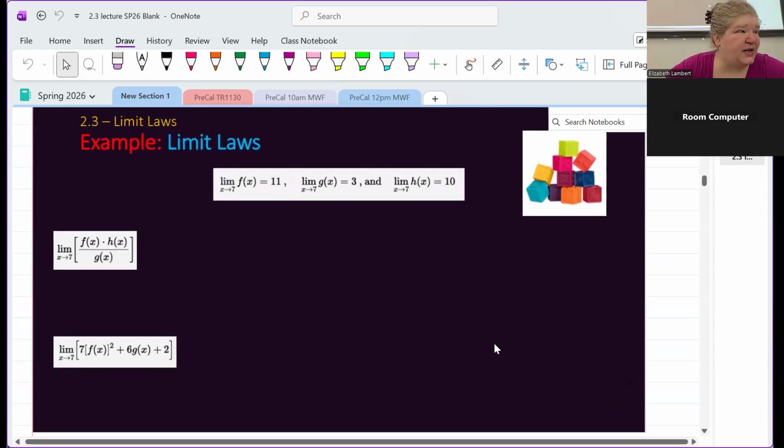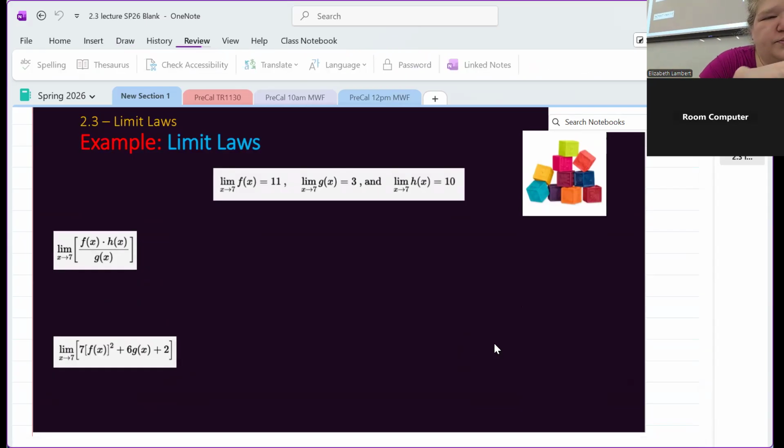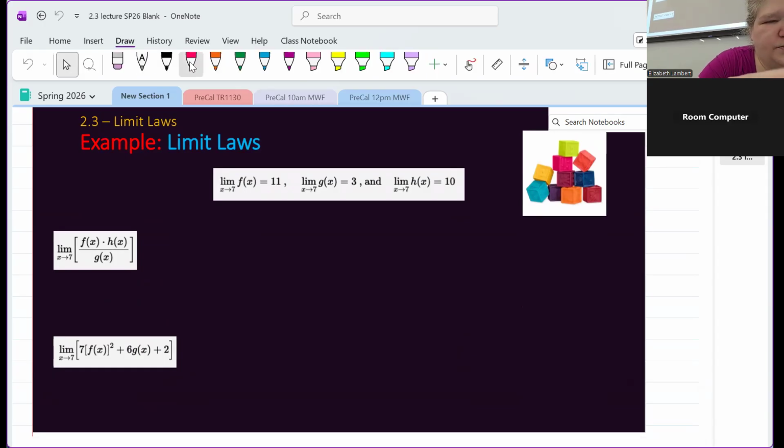So that means we can evaluate wacky looking things like this. The limit as x approaches 7 of f of x times h of x divided by g of x. What we can do with this limit is essentially the limit distributes across multiplication and division.